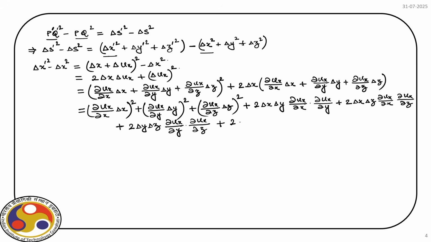So, we have twice delta x square plus twice delta x delta y. We have first term is okay, then second term is twice delta x delta y. So, this will be y plus the last term is twice delta x delta z, and then we have, okay.